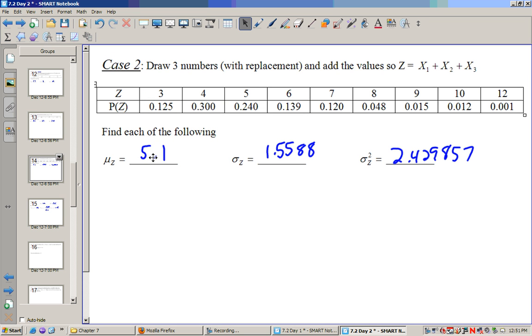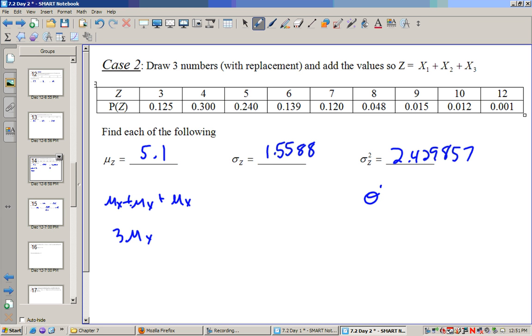If I do x plus x plus x, I get a completely different distribution because this is what happens when I do it 3 times. There's many different random numbers for my random variable z, and I can get my mean by taking mean of x plus mean of x plus mean of x, which is 3 times my mean of x. I can get my standard deviation by first dealing with my variance.